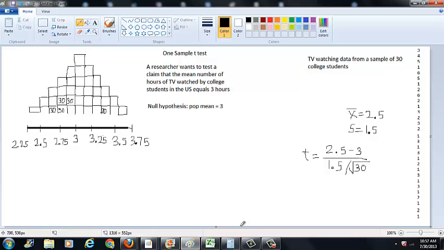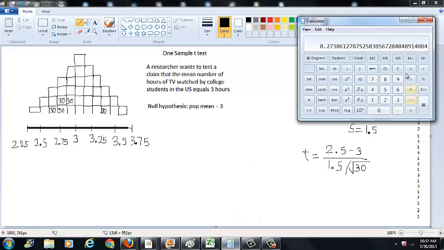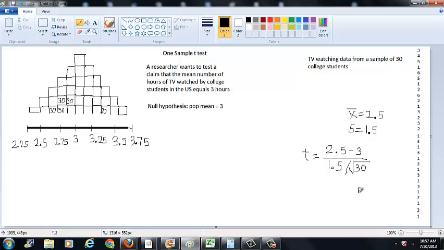First we should get the square root of 30. It comes out to about 5.48. And then on the bottom we have 1.5 over 5.48, and on the top we have 2.5 minus 3.